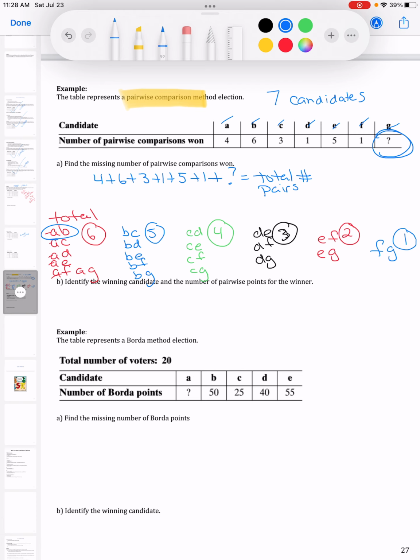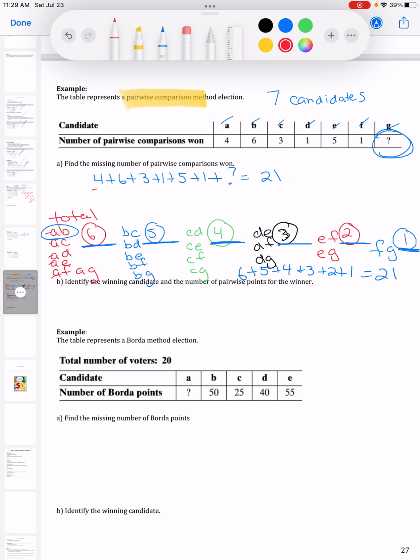So the number of pairs is 6 plus 5 plus 4 plus 3 plus 2 plus 1. We're just going to add all those up together, and that gives us 21. So up here, I can replace my total number of pairs with 21. Hardest part done.